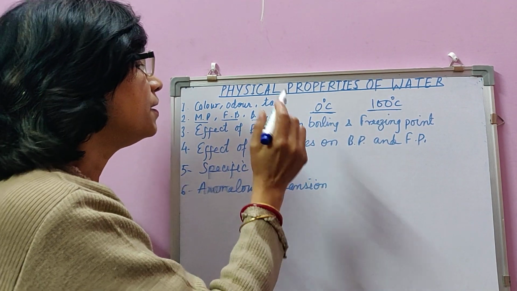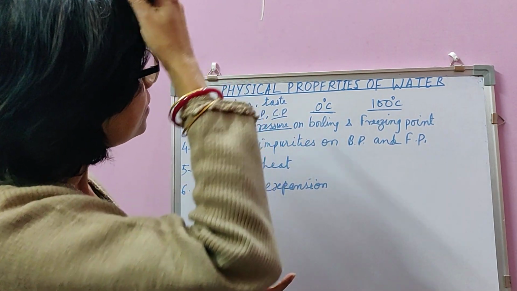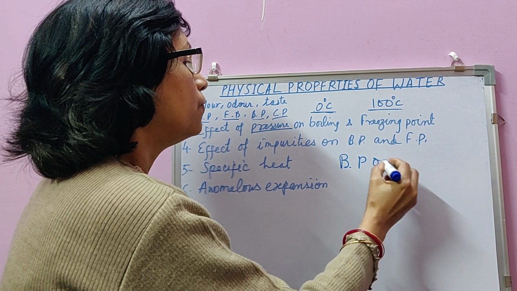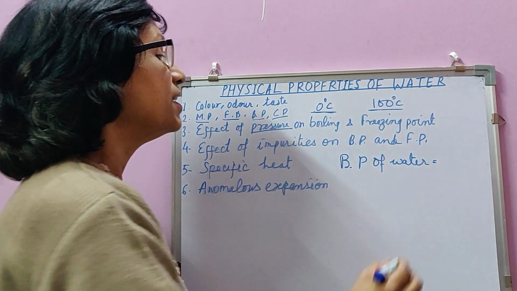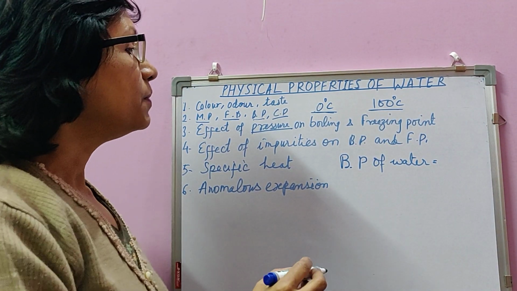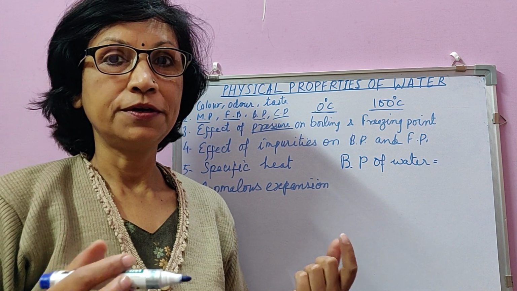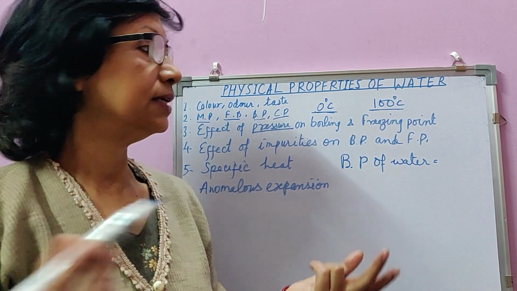Children, when air pressure or any sort of pressure increases, then the boiling point of water also increases. It means at higher air pressure, the boiling point of water will be more than 100 degrees Celsius.